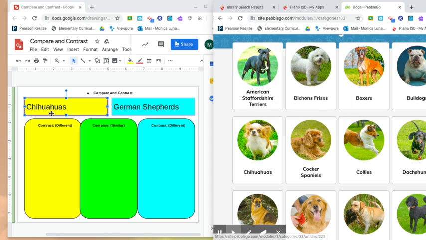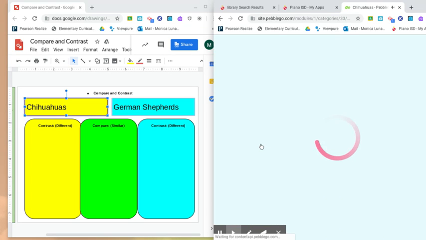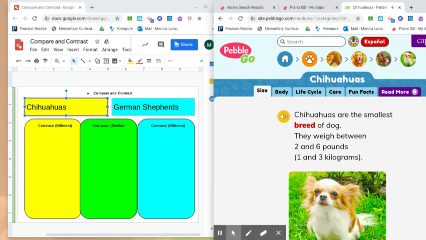And my animal is a Chihuahua, and I have a Chihuahua. His name is Chico. Okay, so remember, we are going to read about their size, body, life cycle, care, fun fact. And we're going to try to find facts and we're going to put them on the side.